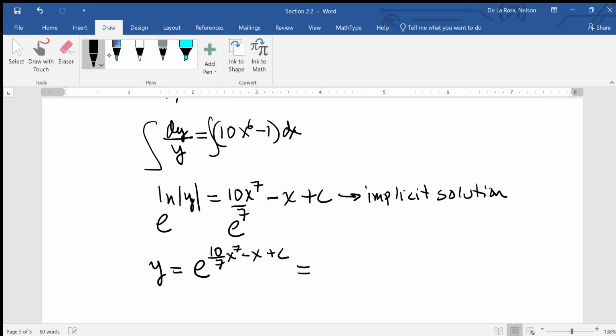And then this is equivalent to e to 10 over 7 x to the 7 minus x times e to the c. And then I can call this c again, or any other letter, and then write the solution like this.